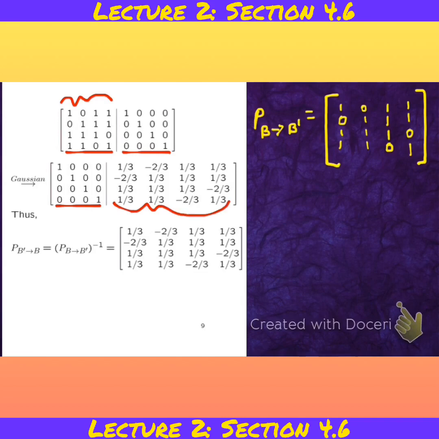So the change of basis matrix from B prime to B is simply the inverse of the change of basis matrix from B to B prime, and it is that matrix there. Take note that we can jump from one basis to the other from the transition matrices by taking the inverses.